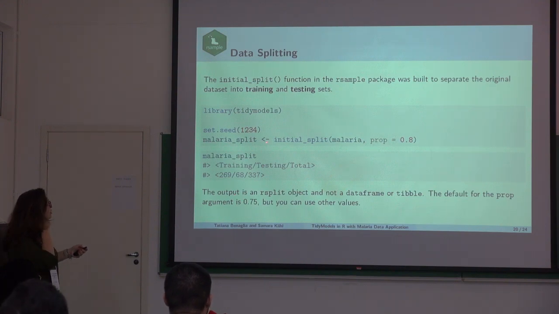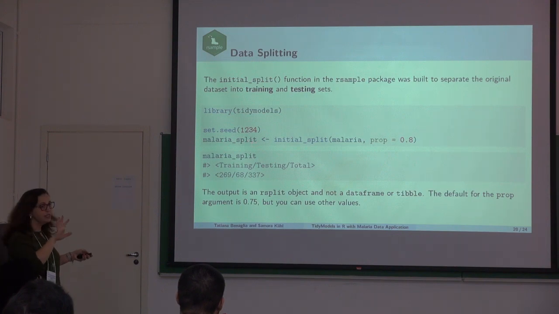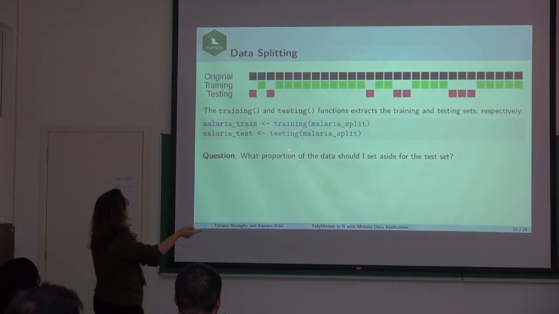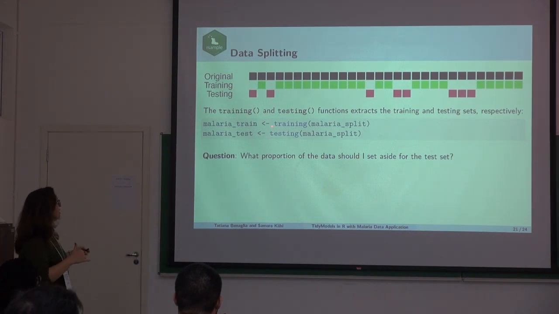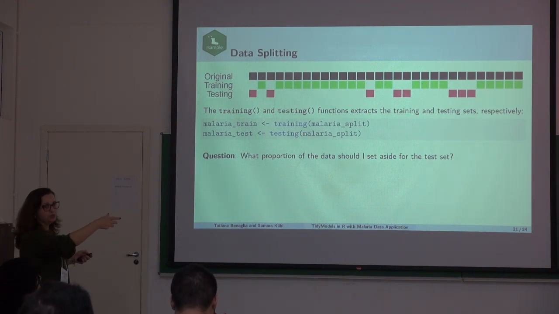But check that this output object is not splitting your data. It's just saying the indexes that go into each set. And then to extract your data, you use the functions training and testing from that initial split.